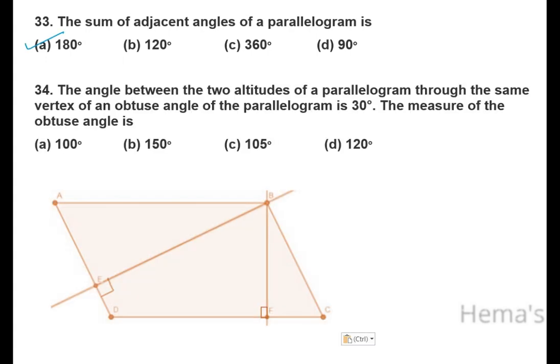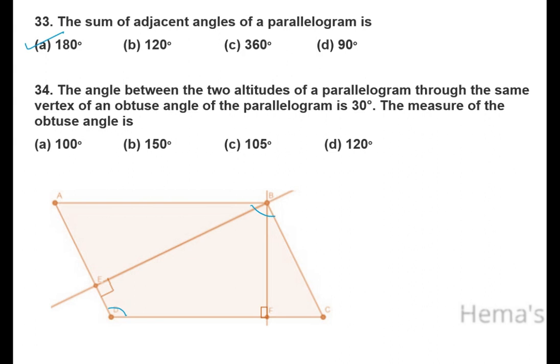Question 34. The angle between the two altitudes of a parallelogram to the same vertex of an obtuse angle of a parallelogram is 30 degrees. If ABCD is a parallelogram, then angle D and angle B are the obtuse angles of the parallelogram.